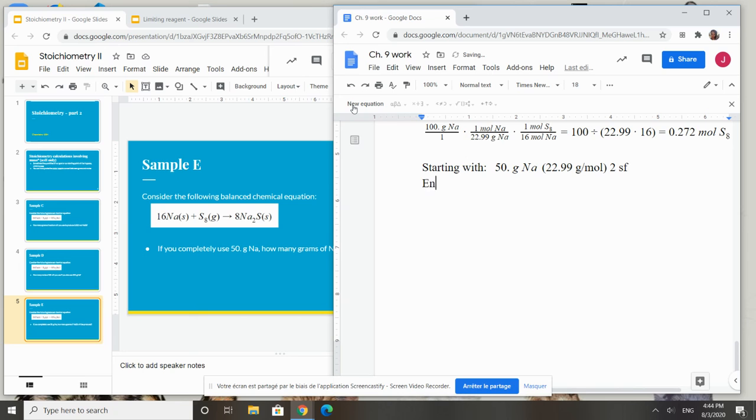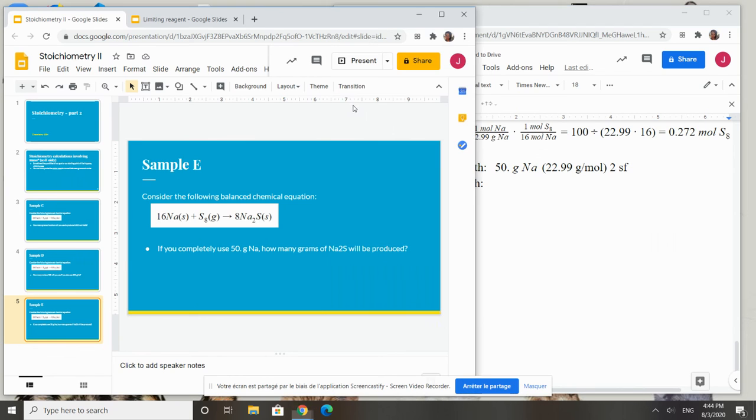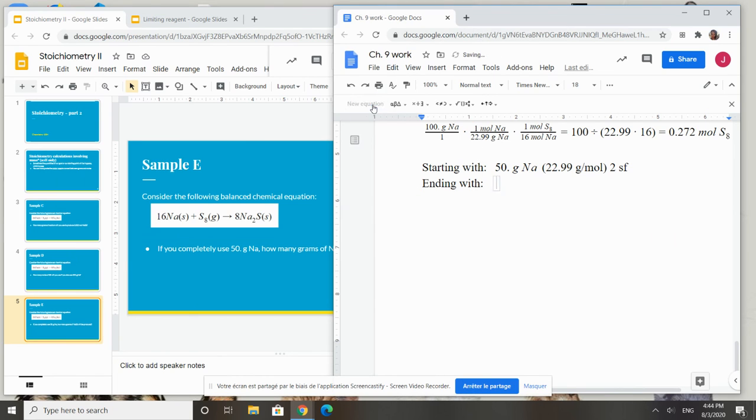It asks how many grams, so question mark grams Na2S. I'm going to need the molar mass of that, so 2 times 22.99 plus 32.07. I add that all together and I get 78.05 grams per mole.